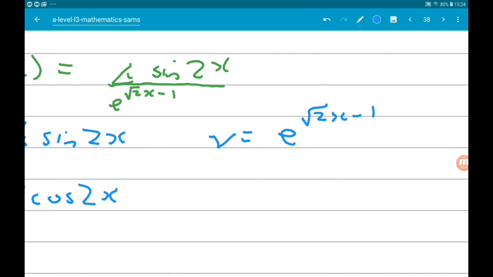So then v dash is, well, we differentiate the power, which is just going to give us a root 2, and then it's just times the function. So it's root 2 e to the root 2x minus 1.